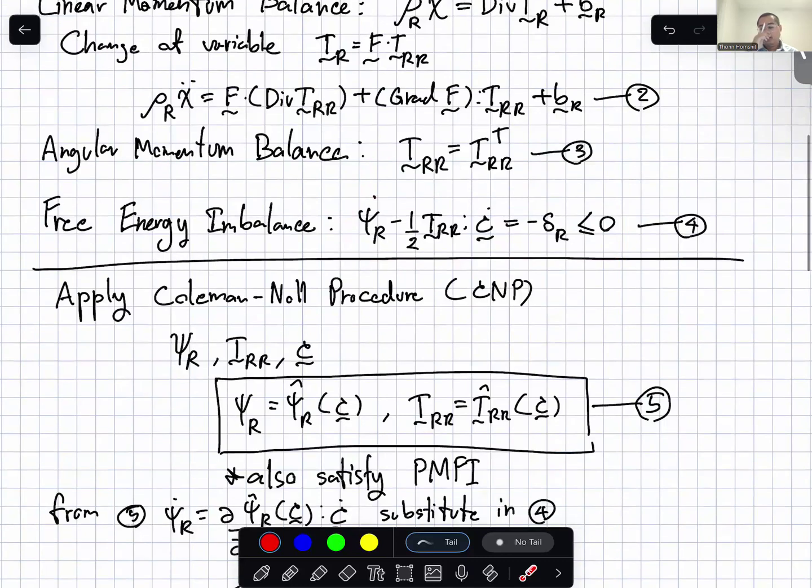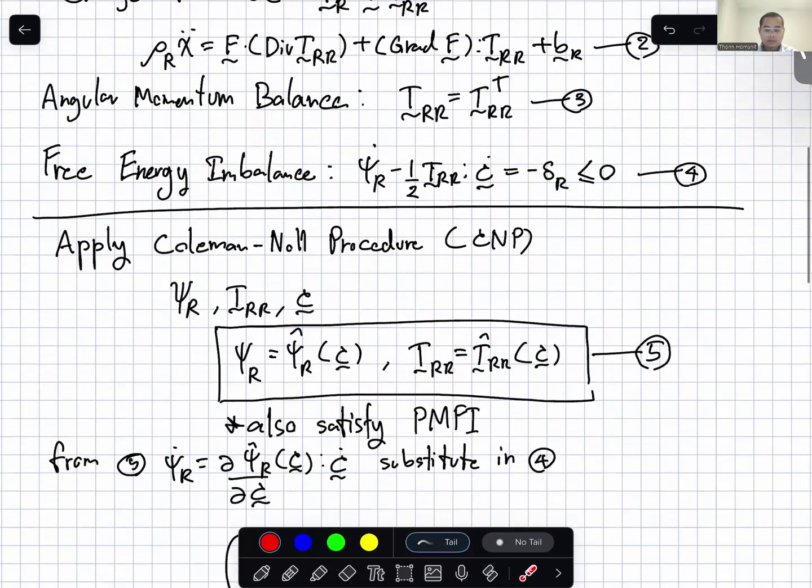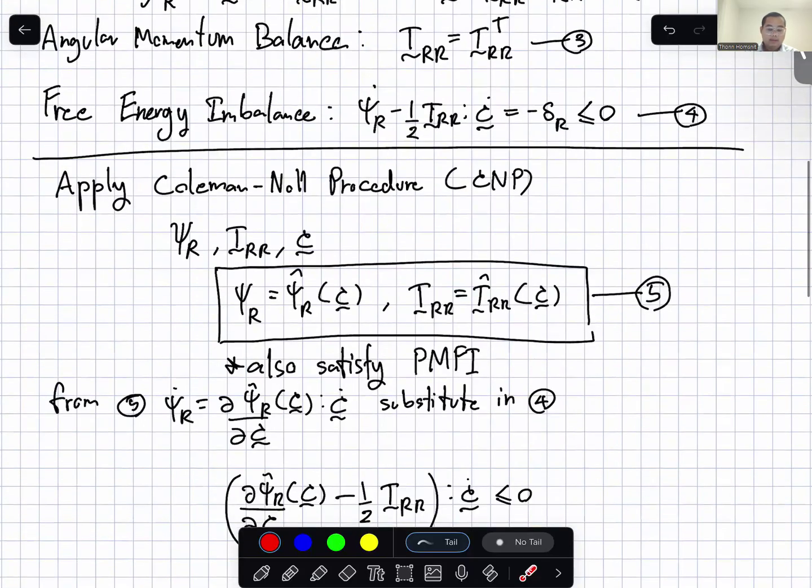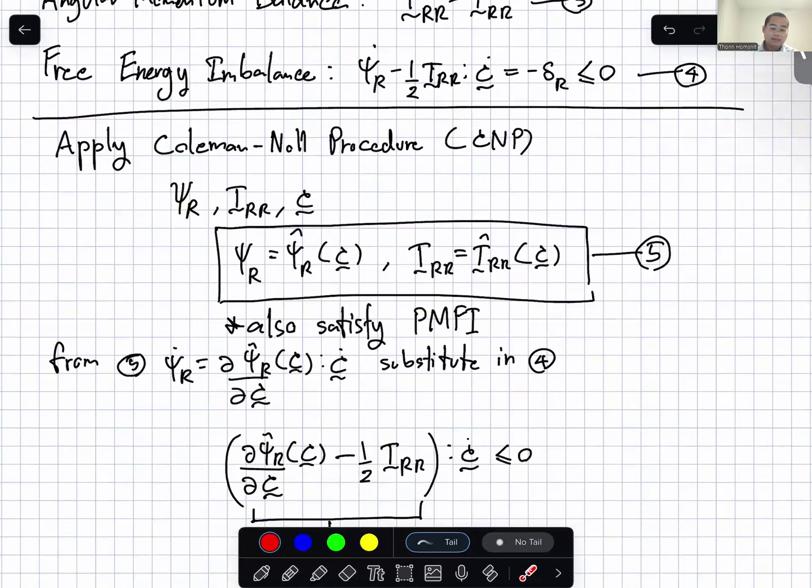If we ignore the local dissipation function, we have this one less than or equal to 0. We choose to work with these variables, and we define the free energy as a function of C, and the TRR is also a function of C.